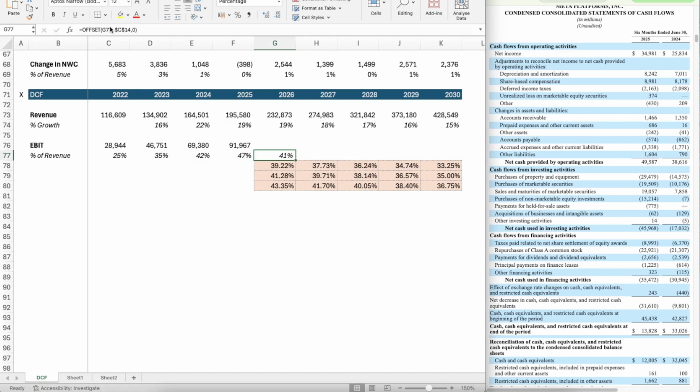There we go. Copy that across. Take the revenue, multiply it by the percentage of revenue to give us our EBIT, copy that across, and we're good to go to the next one.